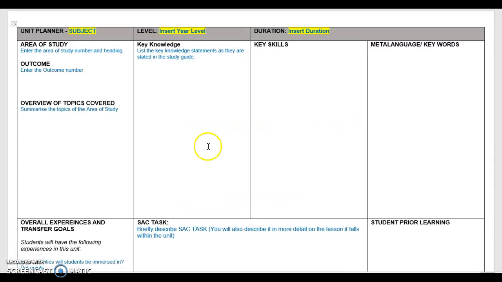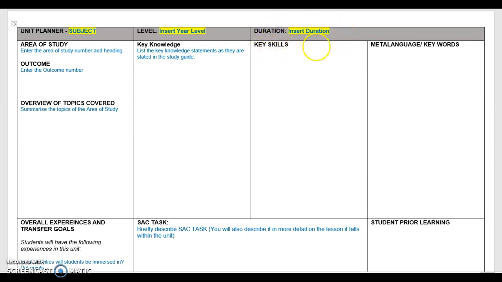So the template. Completing this together, include the subject, the year level that you're looking at, and how long the unit goes for. This will depend on what area of study, how many key knowledge dot points and key skills you have. This is going to be different for each outcome and also each specialisation.